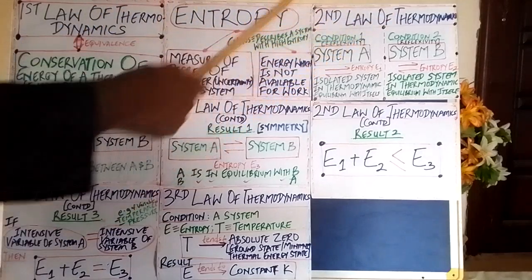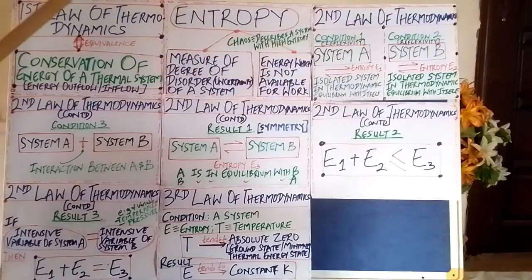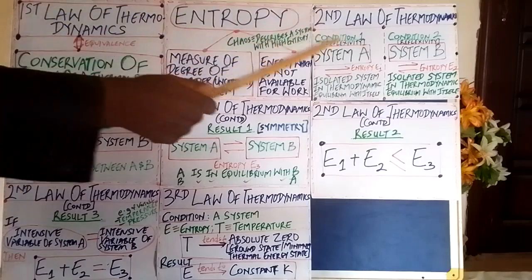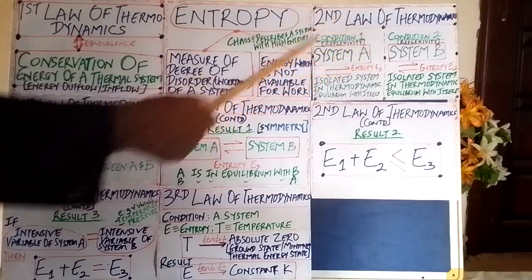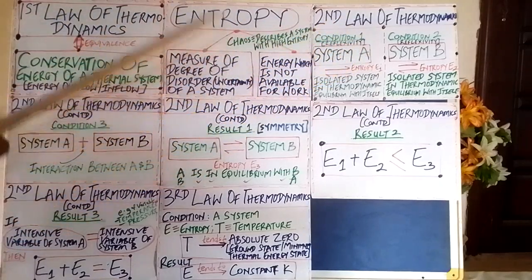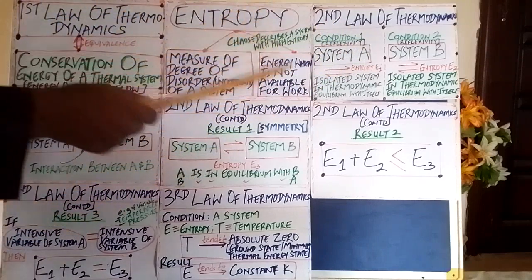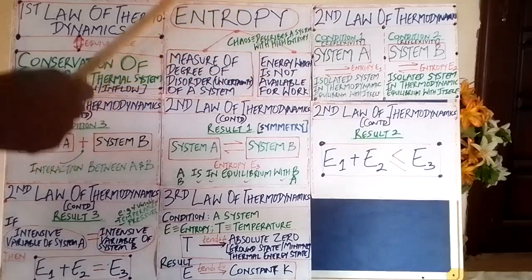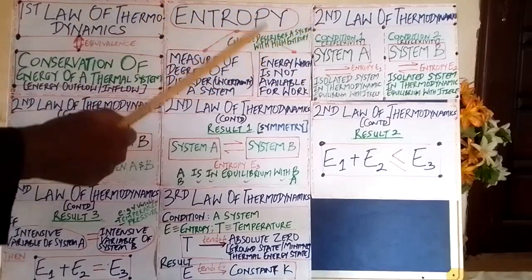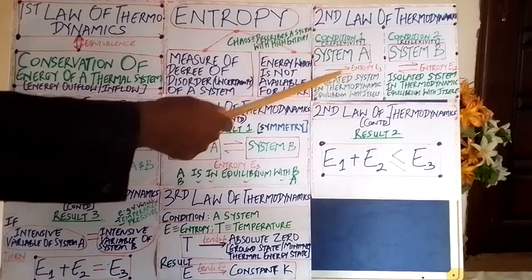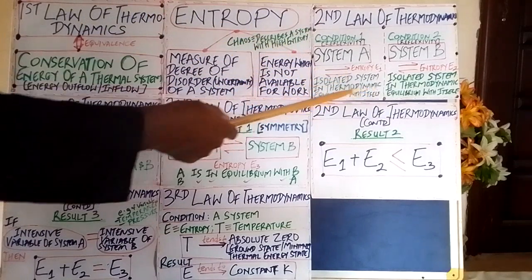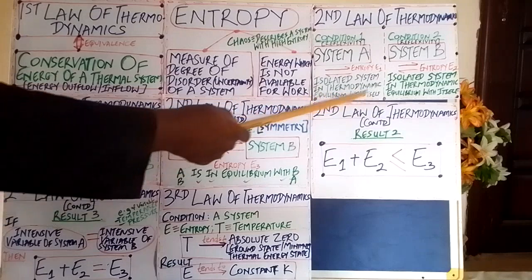So that's what is called reflexivity, in the sense that when I have a relation and I define it on a set or in a system, and that system on its own obeys the relation A in relation to A, where the relation is that the system is in thermodynamic equilibrium with itself.